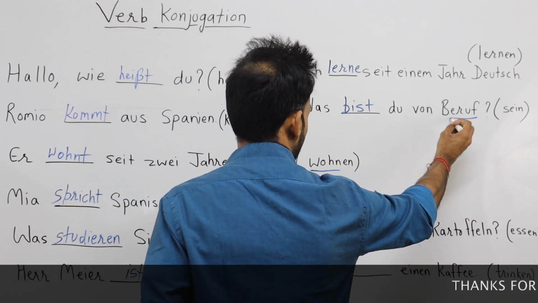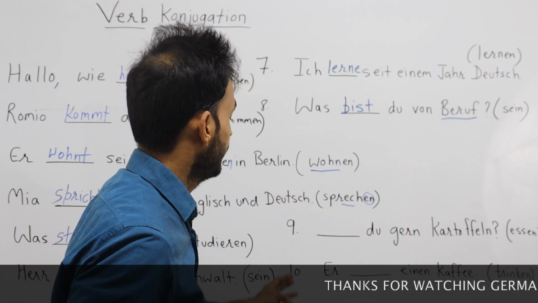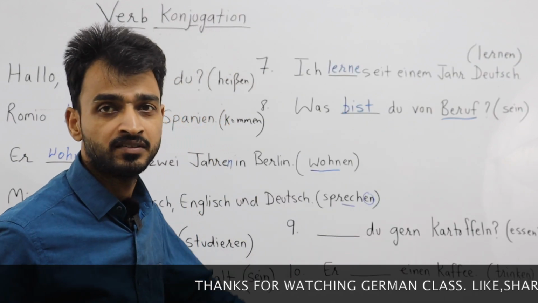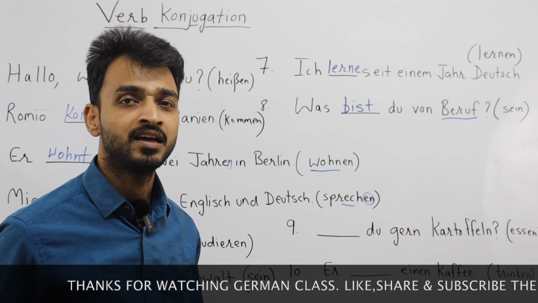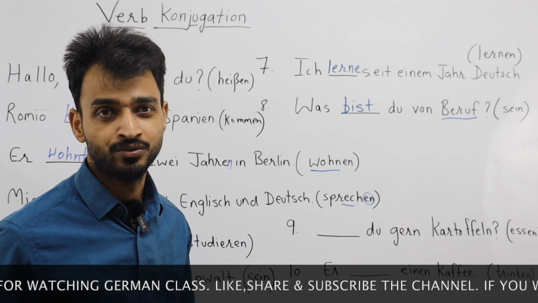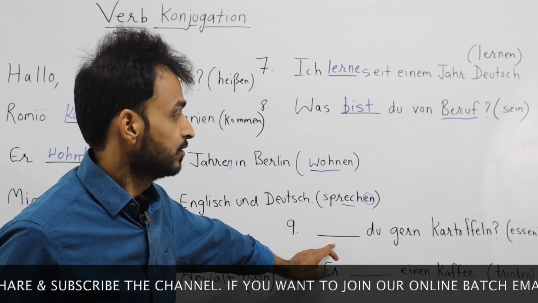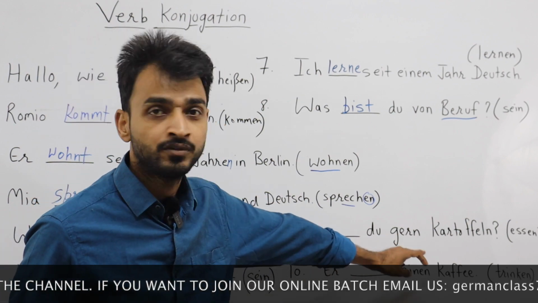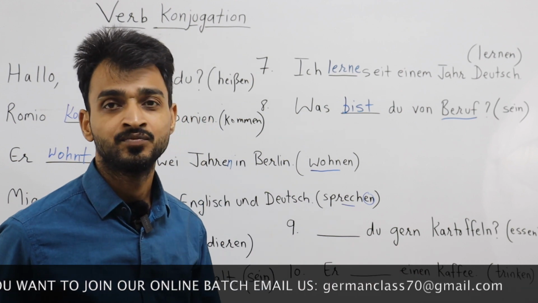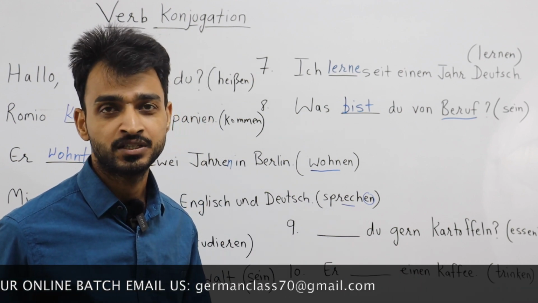Number 9, it's again a question, but this is a ja, nein question, meaning the answer is either yes or no. This kind of question starts with the verb always. So blank, du gern Kartoffel, and the verb is essen, to eat. Kartoffel means potato.